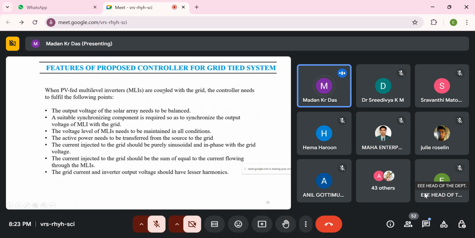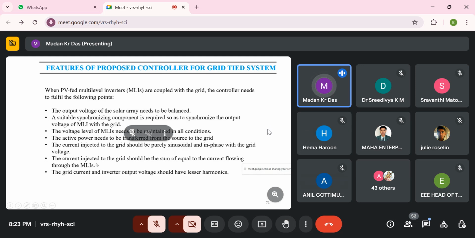To control the output voltage of the solar array, a suitable synchronizing component is required so as to synchronize the output voltage of the multi-level inverter with the grid, and the voltage level of the proposed MLI needs to be maintained in all conditions. The active power needs to be transferred from the source to the grid, and the current injected to the grid should be purely sinusoidal and in phase with the grid voltage.